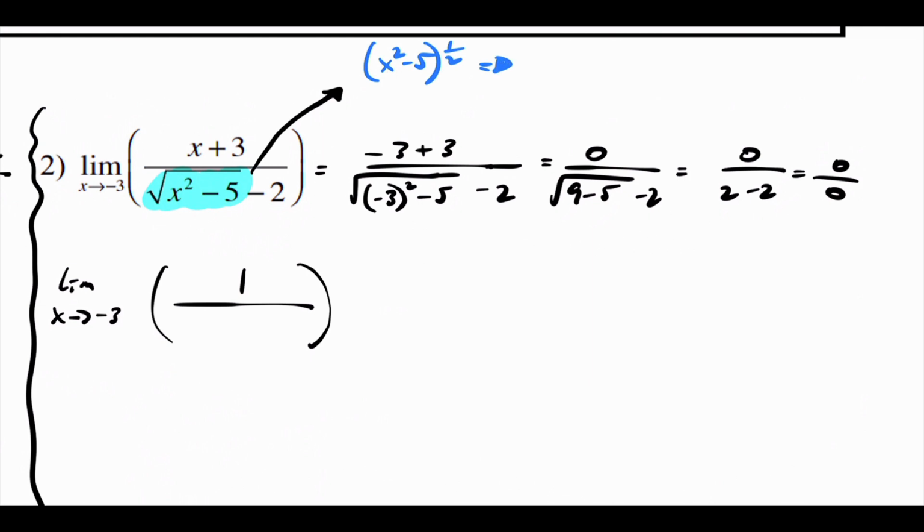So we move the 1/2 to the front. Everything on the inside stays. We subtract the whole power. So 1/2 minus a whole is -1/2. So I'm going to put that guy back in.